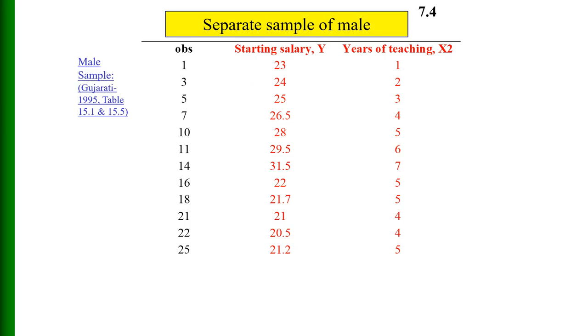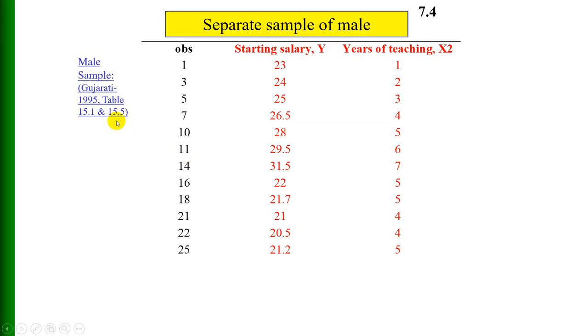Now if we separate this sample by male and female, suppose this is the separate sample of male, and we have 1 2 3 4 5 6 7 8 9 10 11 12. There are 12 observations, this is the starting salary, and this is the x2 variable, years of teaching experience.